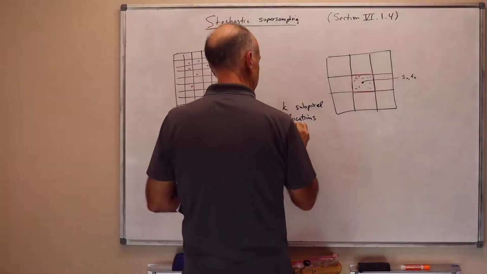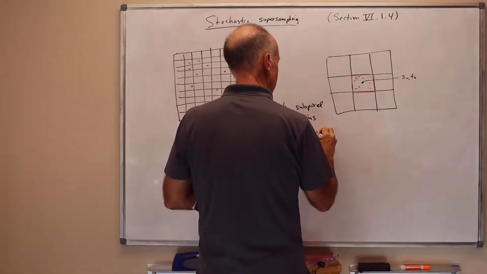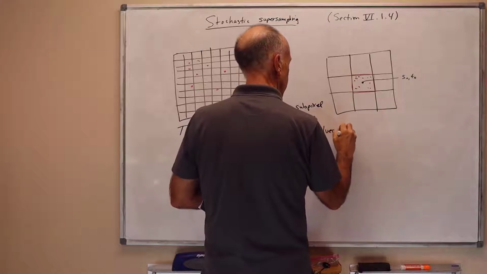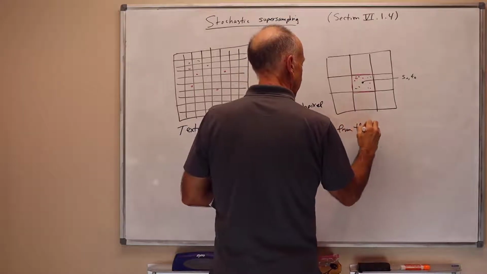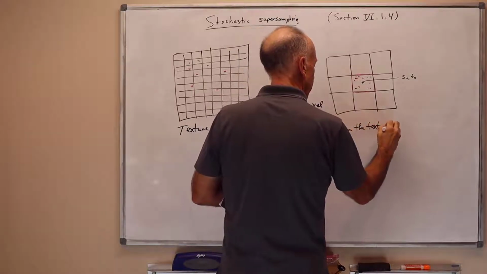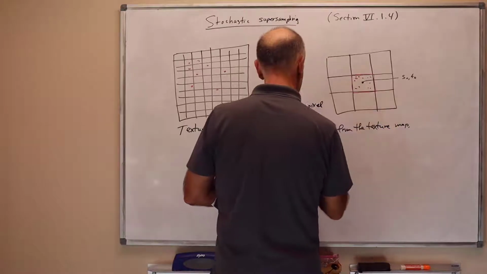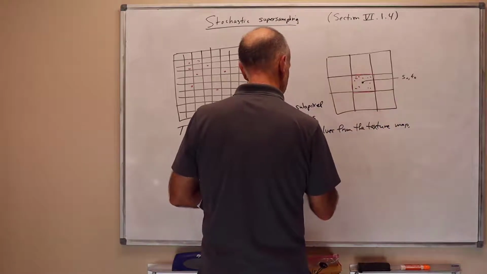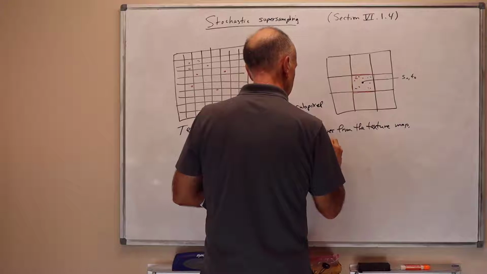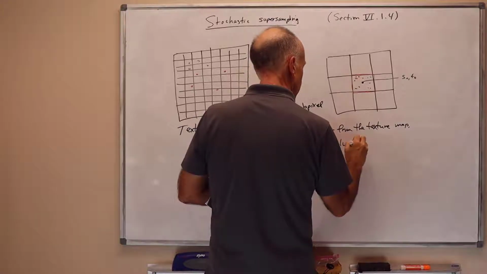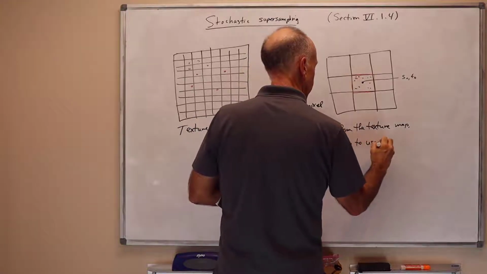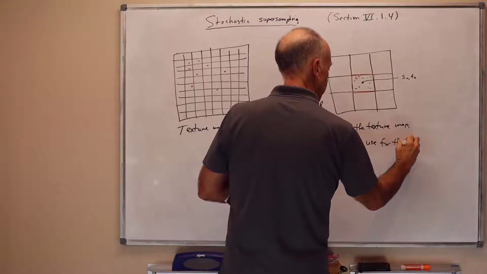So k subpixel locations gives us k values from the texture map, and then you average those k values to use for the screen pixel.